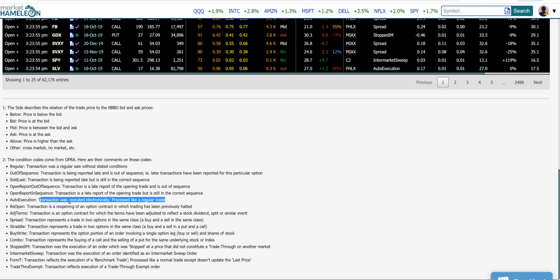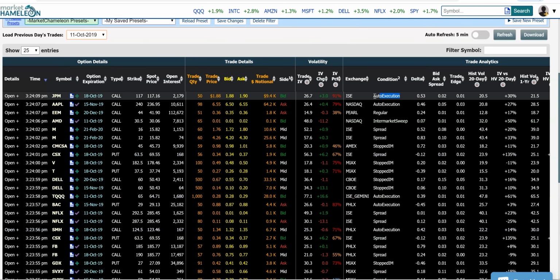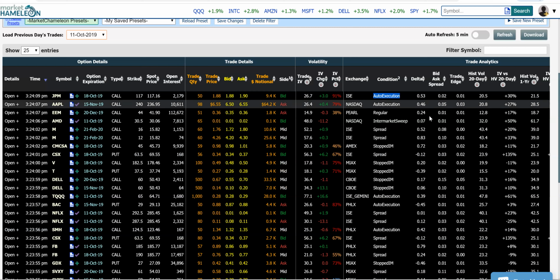So that's what happens on an auto execution, and that could happen if a broker sends in a trade electronically to an exchange. The exchange may have had a price improvement, or it just got matched up right away electronically with another order. Once it gets matched up, it gets printed on the tape, and then it gets that trade condition, auto execution.